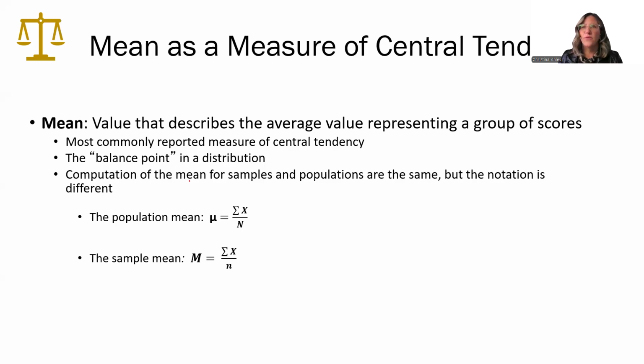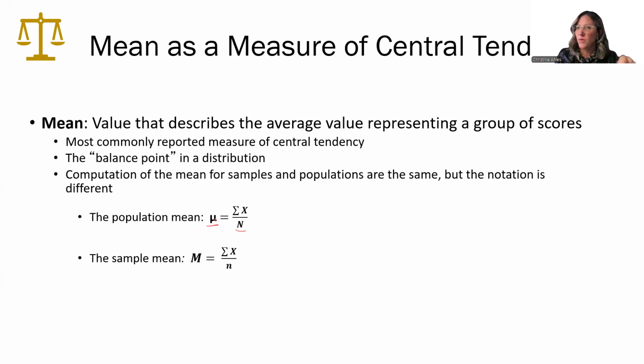So the computation for the mean is really the same, but the notation is different. And that's very important because, again, it's a language. That's why I showed you the sample size versus population size, so that it can prepare you to start thinking of those together. If you'll notice, the population mean is notated with a mu, which is a Greek symbol.